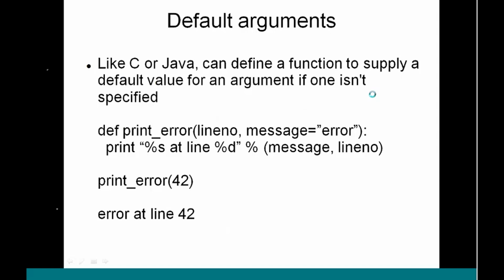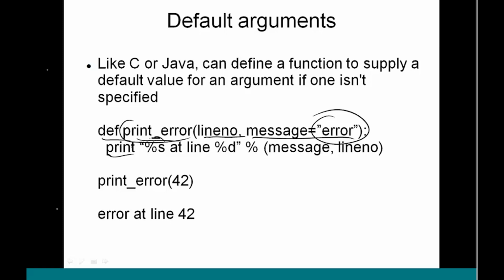Now some default arguments. Like in C and Java, we can define a function to supply the default value for an argument if one is not specified. These are useful for printing out error messages and things like that. So here we have defined a function called print_error, and it gets a line number and some message, and the message is "error" by default, predefined here.